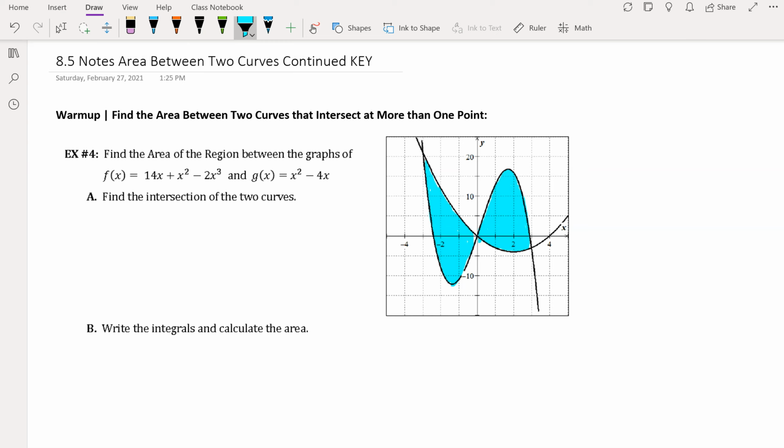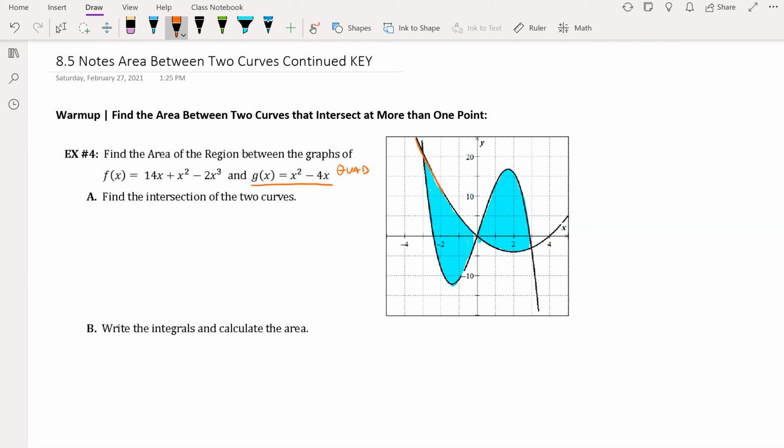One way to know which graph is which is by using a calculator. Another way, like for this example, is that I can see that one of these graphs is a quadratic and one is a polynomial. We need to make sure we can recognize functions. So you can see that g of x is a quadratic, which means it's a parabola, because x squared is the highest exponent.